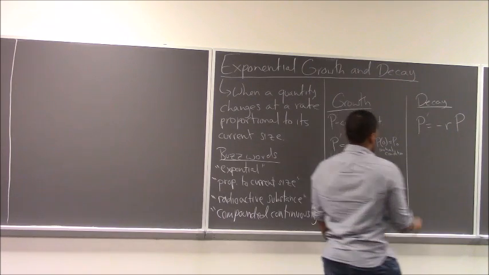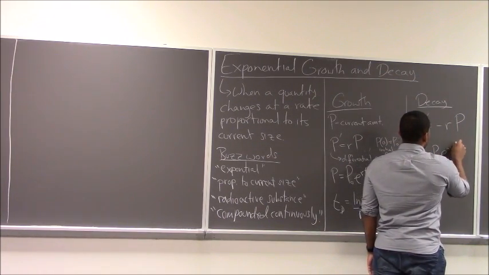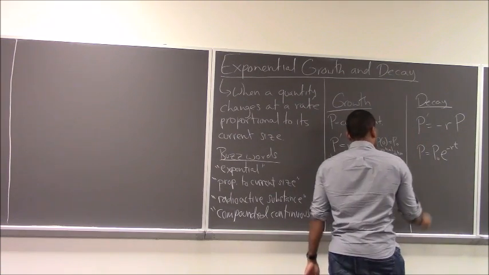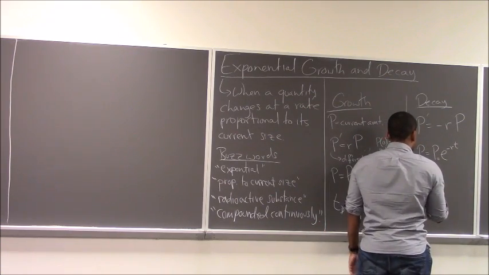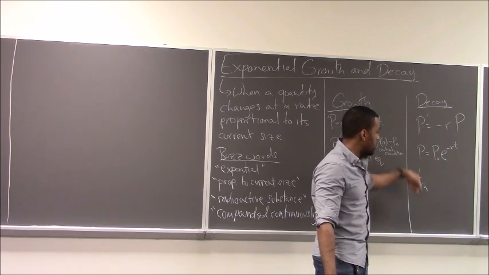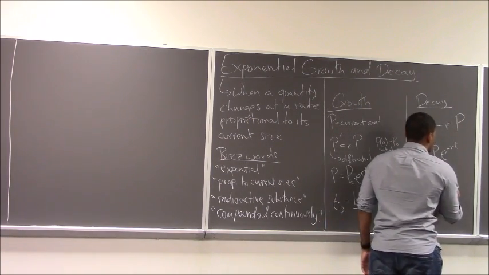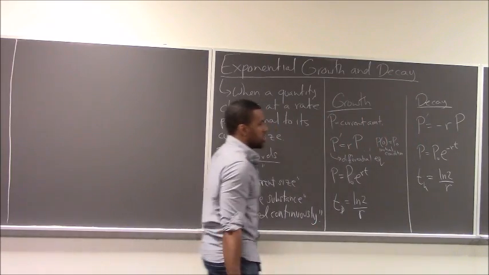And so you end up with P equals P naught e to the minus rt. You would also have T subscript h, which is the half-life, the time taken to have half of what you started with if it's decaying. And that's ln 2 over r. So those are the formulas.